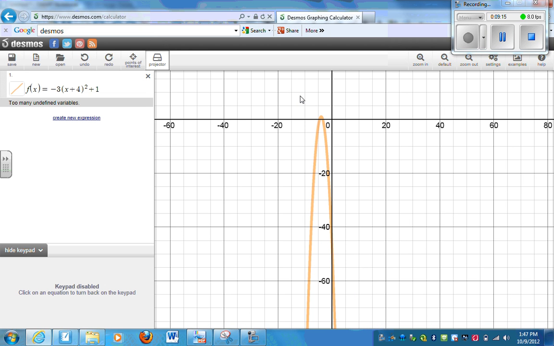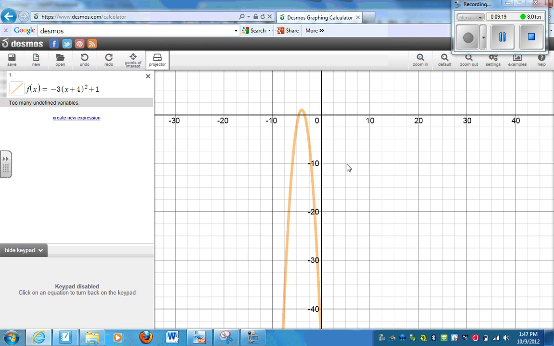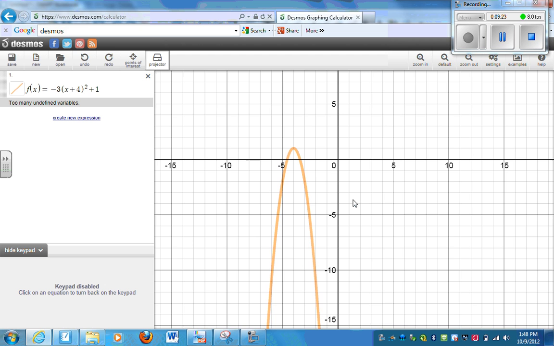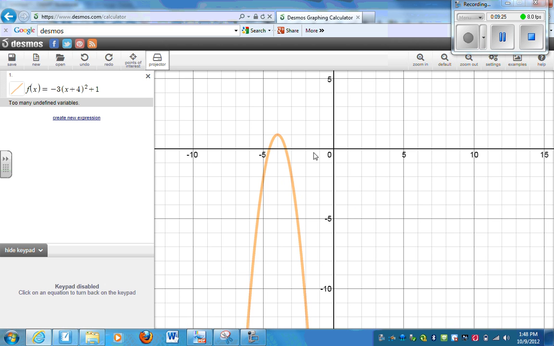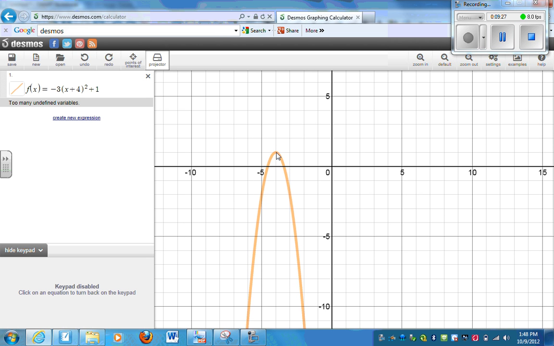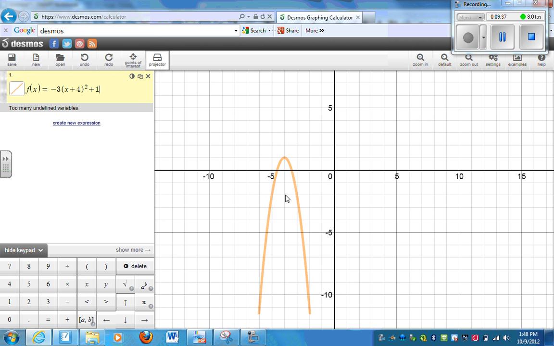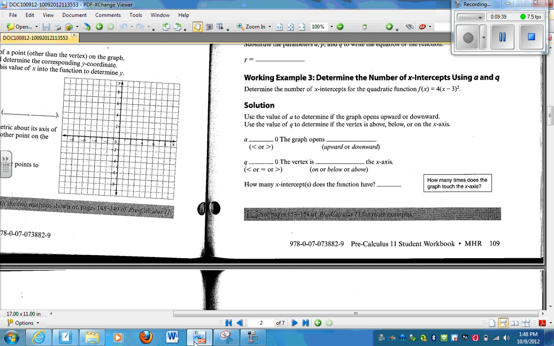And that is what this looks like. Okay, I still want to zoom in. So you just zoom in by scrolling on your mouse. That's the easiest way to zoom in. So we had -4 and 1. We had -3 and -2. Yep, that looks really good. Those are all points on the graph. So we can always check our work in that way.